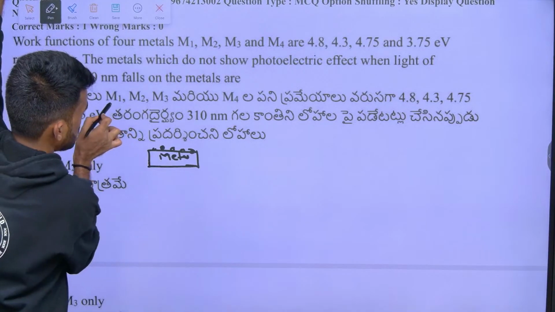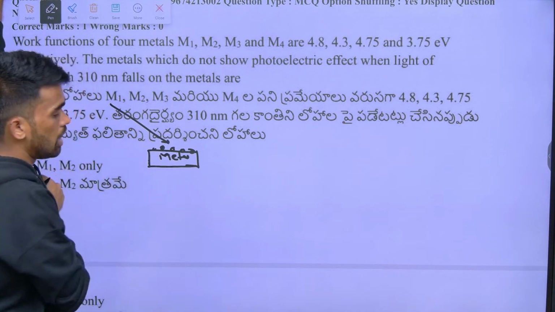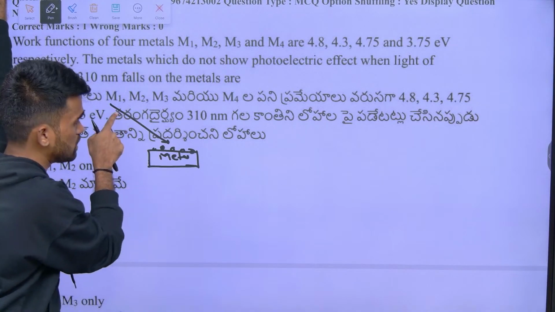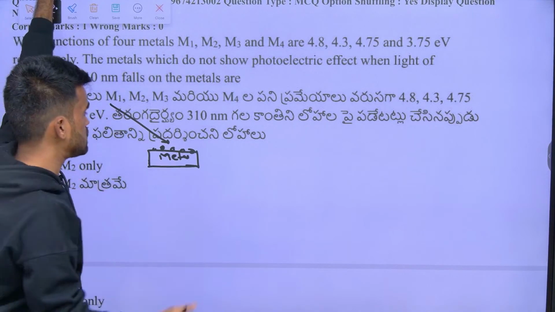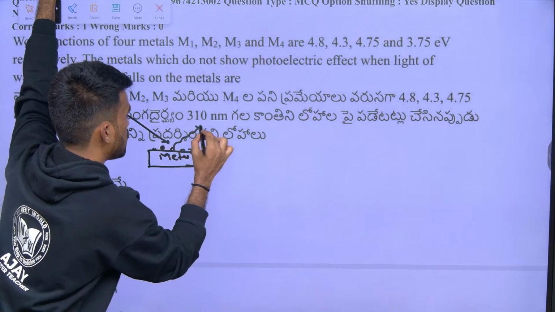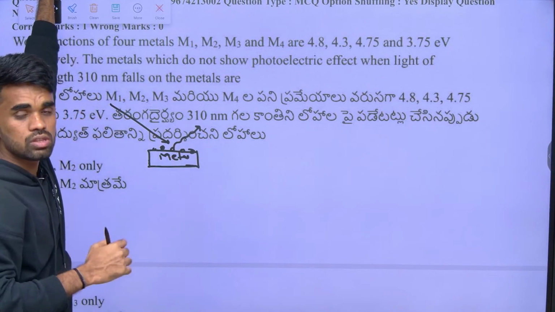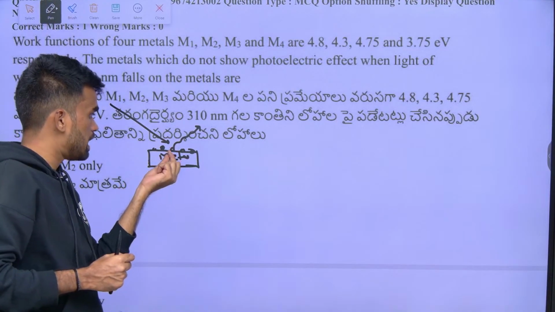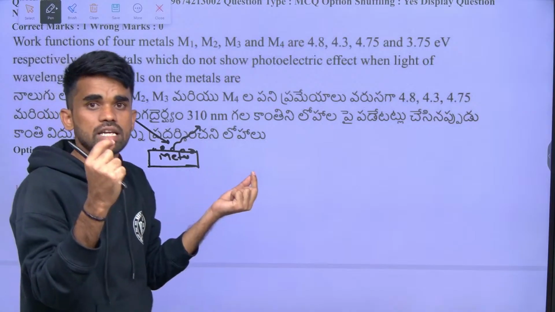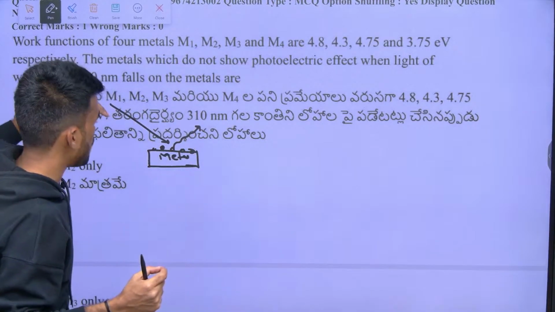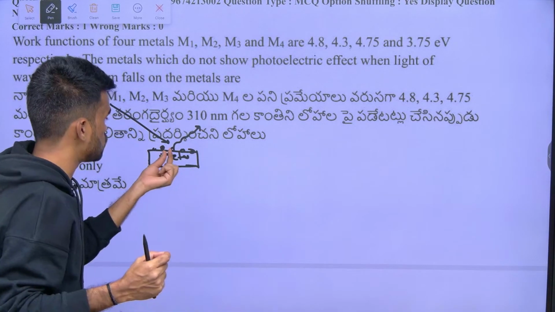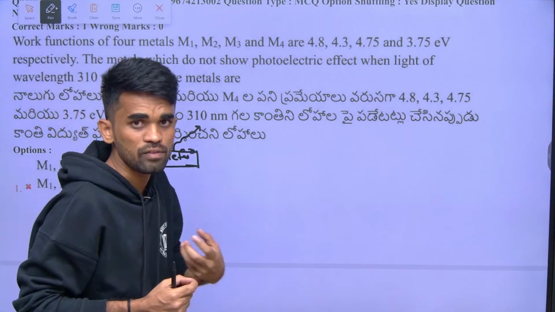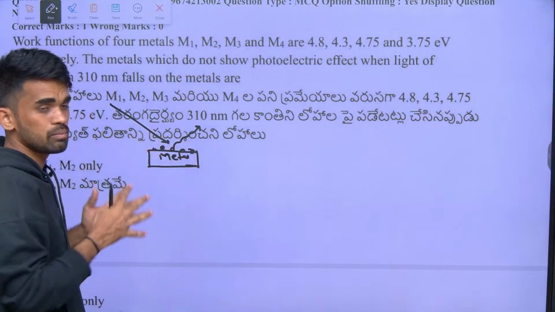Whenever a source of light falls on this metal surface, if this light has sufficient energy, then some energy is required to bring out the electron from the metal surface. If the supplied energy is sufficient to bring the electron outside, then only the photoelectric effect can be observed.